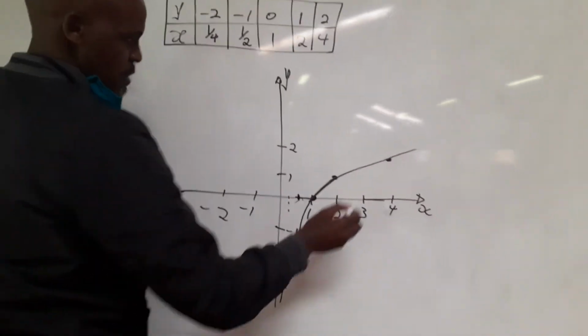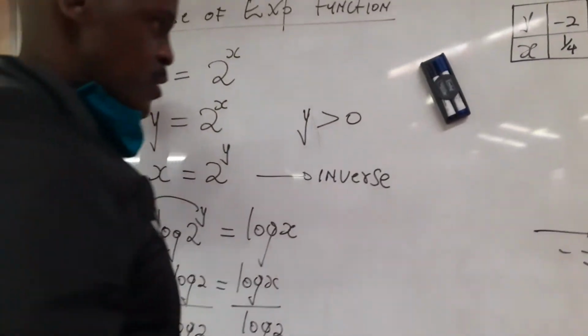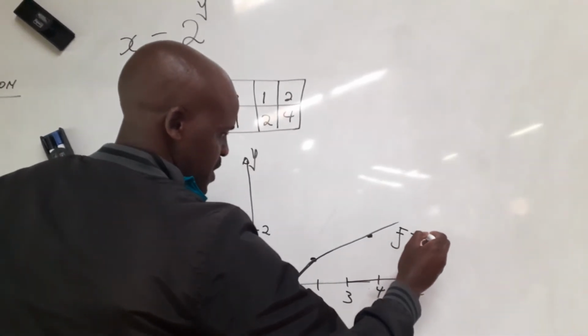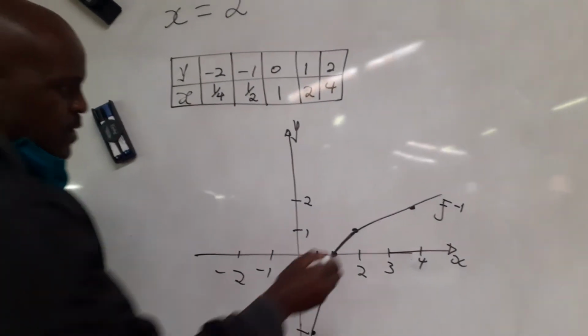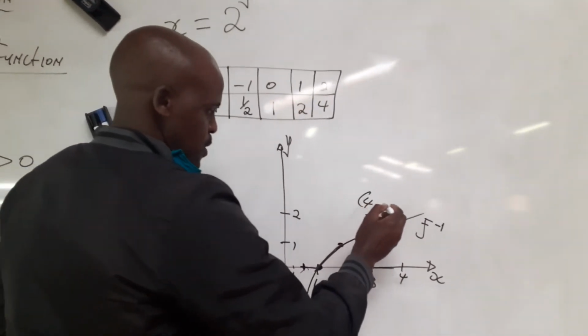That's how our inverse will be looking like. This is the inverse of f. So remember that when you are writing the inverse, you indicate it like that. We've got 4 is to 2.